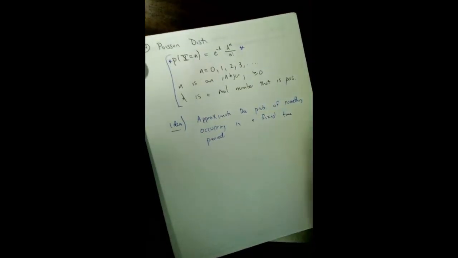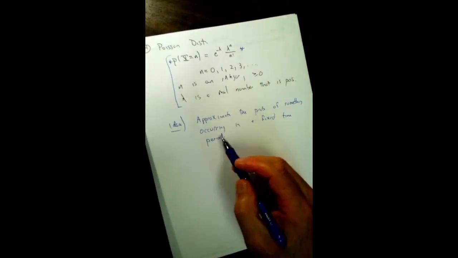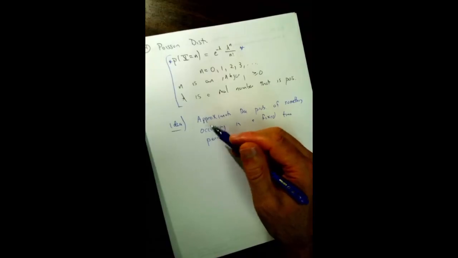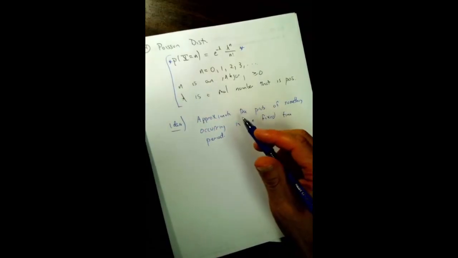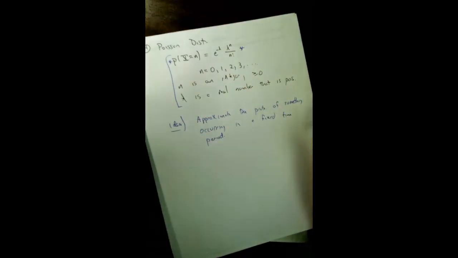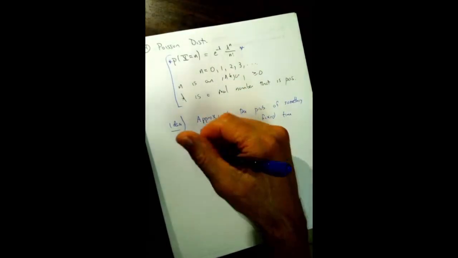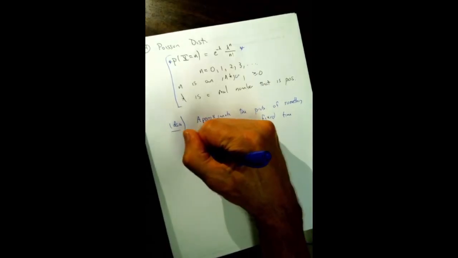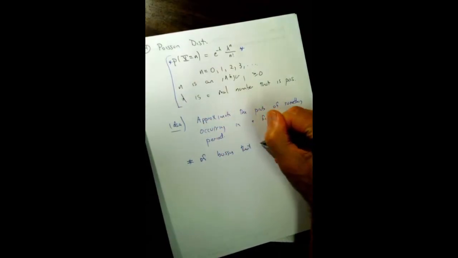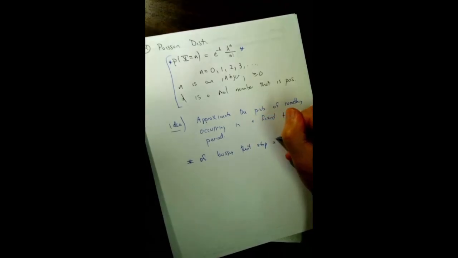So, for example, I have to be careful. It's going to assume that the events have some kind of uniformity and independence. And we'll get into those details later. But examples of this would be the number of buses that stop at one place in 1 hour.